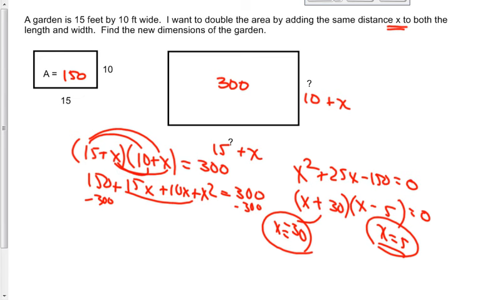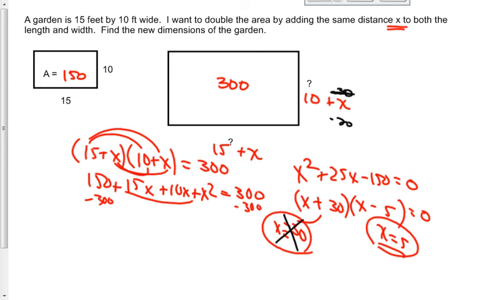If I take negative 30 and put it back up here in place of x, and try to get a new width out of that, 10 subtract 30 is negative 20. Can't have a negative distance, so negative 30 is out in terms of one of my solutions. If I take 5 back up here and put in a 5, 10 plus 5, 15, 15 plus 5, 20.